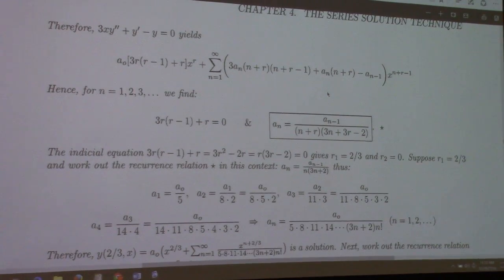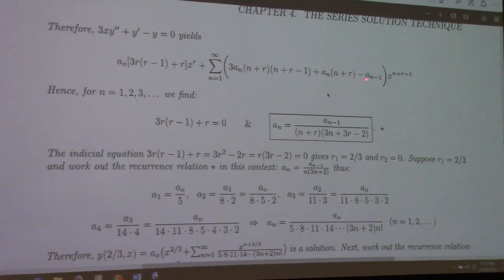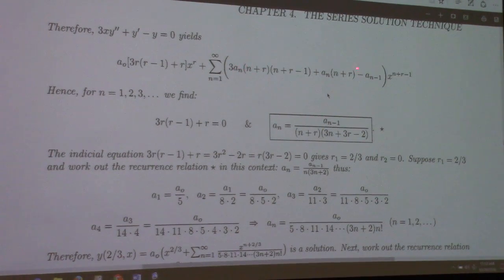Okay, so this being 0 relates the n and the n minus 1 coefficients, right? So you can put that equal to 0 and solve for a sub n, you get this, right? You guys see that? So add a sub n minus 1 to the other side. The coefficient here is 3 times n plus r minus 1. How'd I get a 2 here?